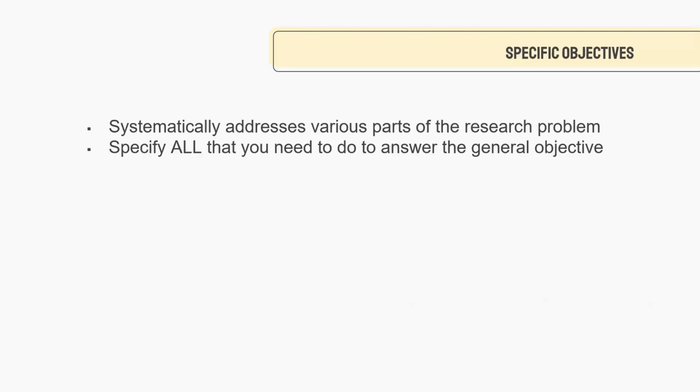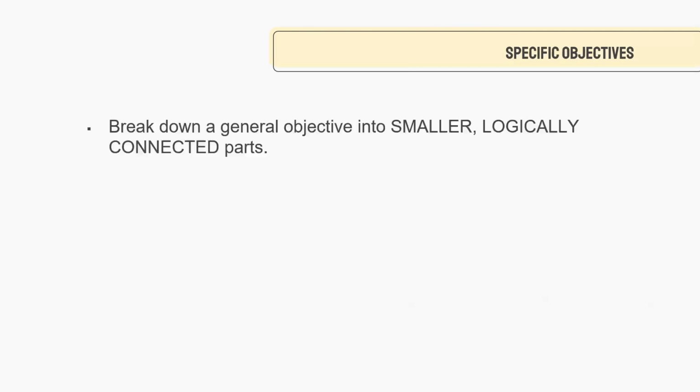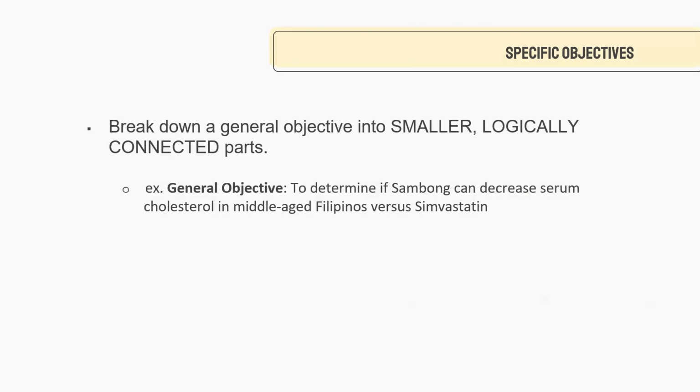For the specific objectives, these systematically address the various parts of the research problem, and they specify everything that you need to do to answer the general objective. So specific objectives break down a general objective into smaller, logically connected parts.